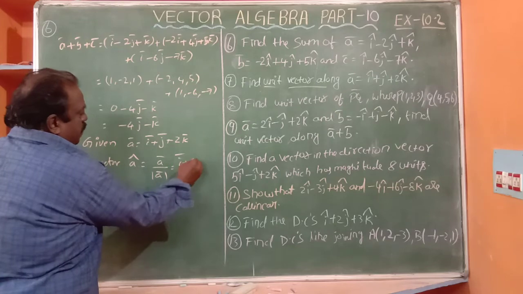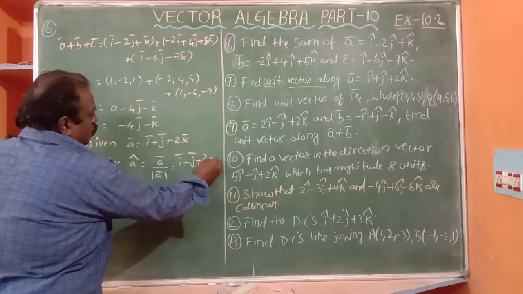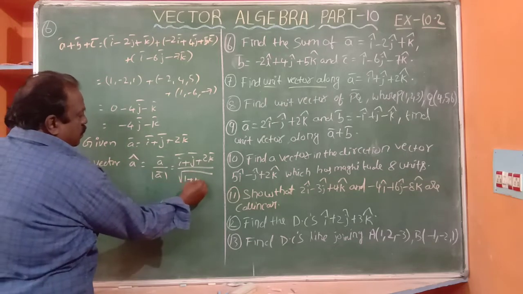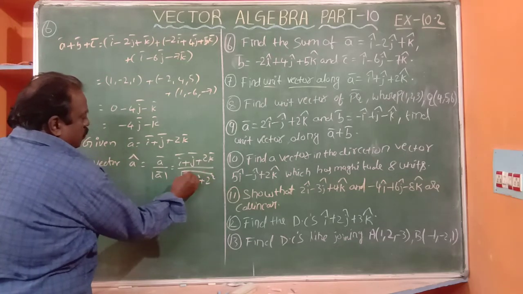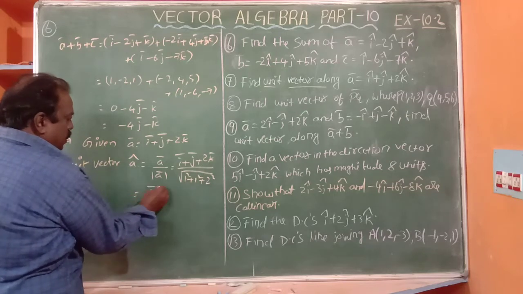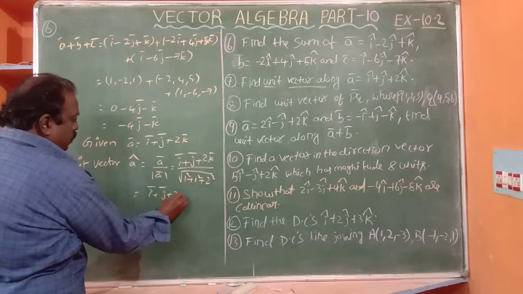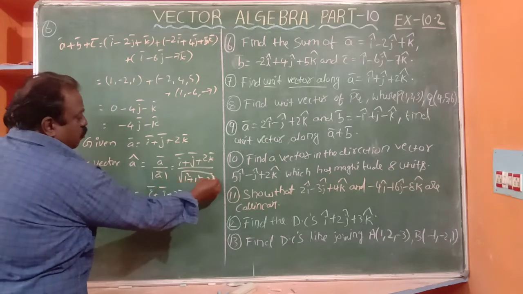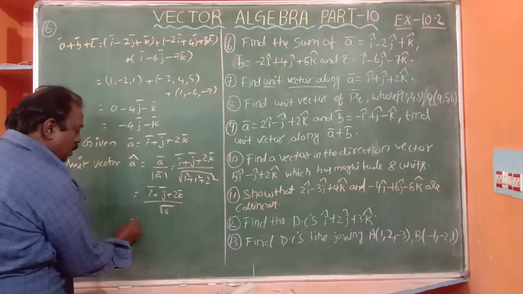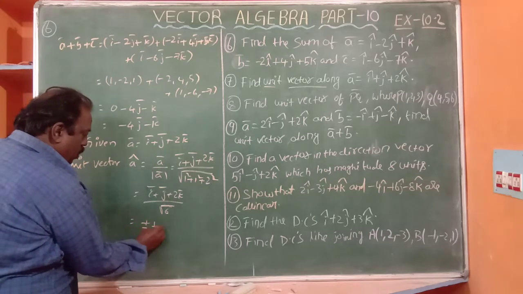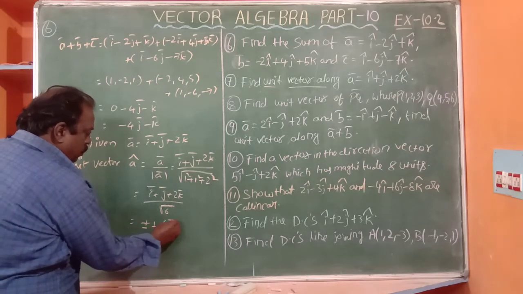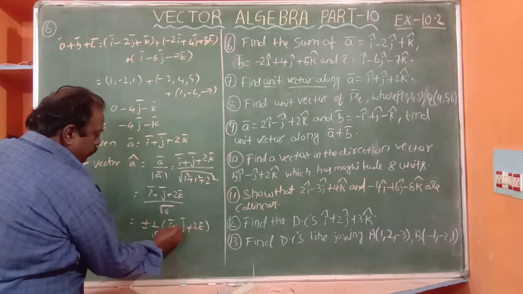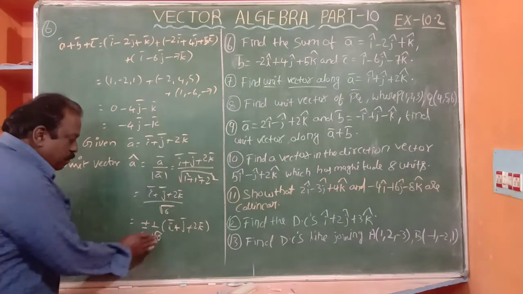So it is i plus j plus 2k by root of 1 plus 1 plus 2 square, that is root 6. It is plus or minus 1 by root 6 of i plus j plus 2k.